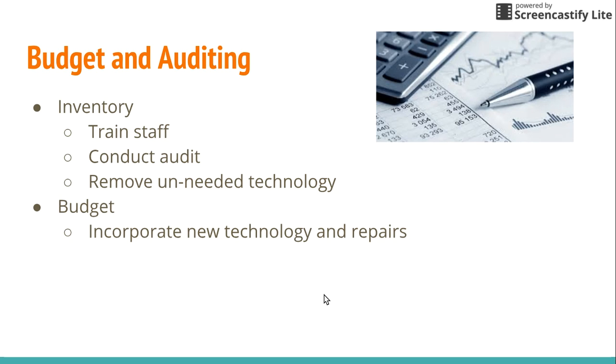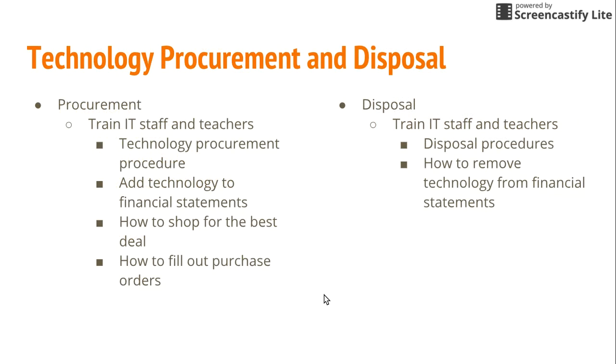Make sure that you really put in your budget for the school lines for new technology to get that, and that you put in some things about repairing the technology as well.